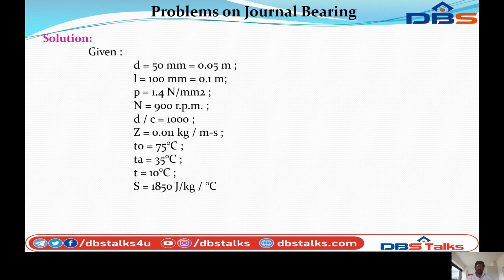T naught is equal to 75 degrees centigrade. TA equal to 35 degrees centigrade. Delta T is equal to 10 degrees centigrade. And S is equal to 1850 joule per kg per degree centigrade.